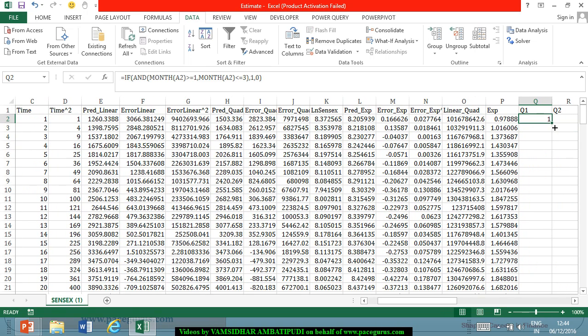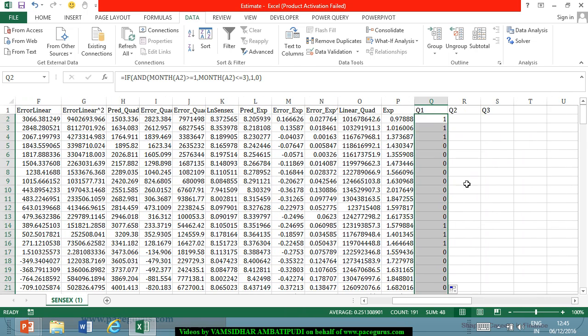So wherever you have Q1, it will become 1, and in all the other cases it becomes 0.